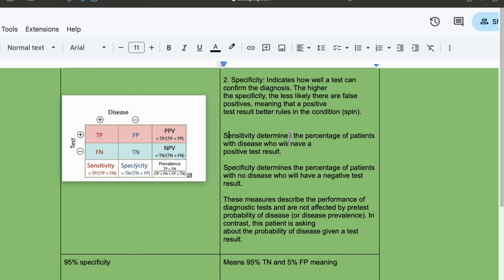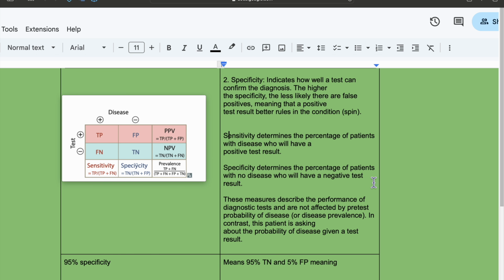Sensitivity determines the percentage of patients with disease who will have a positive test result. Specificity determines the percentage of patients with no disease who will have a negative test.